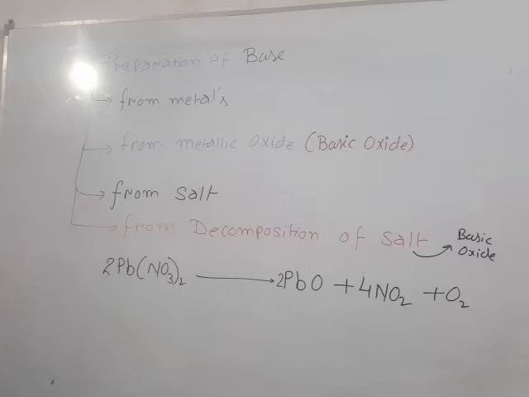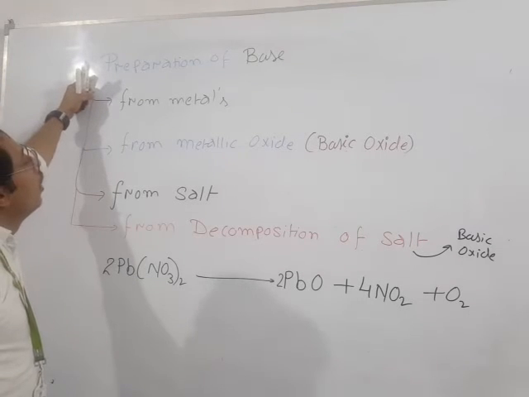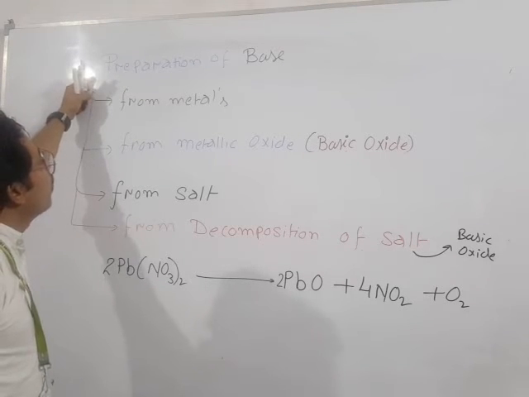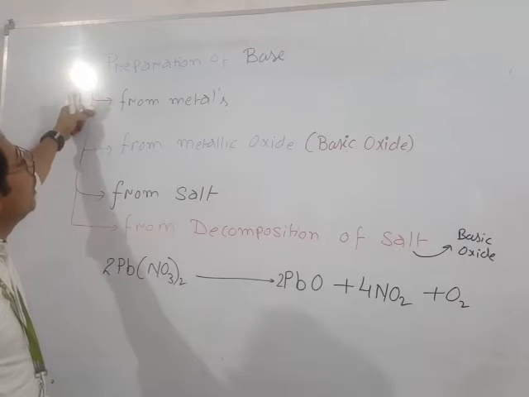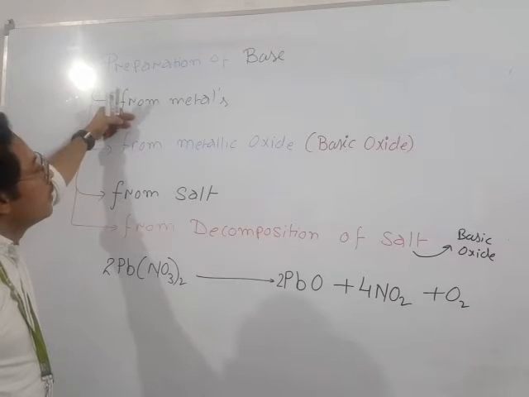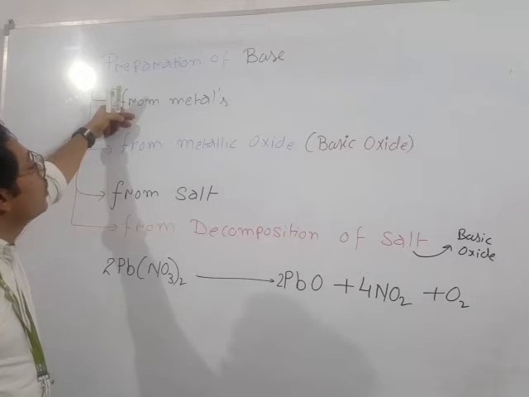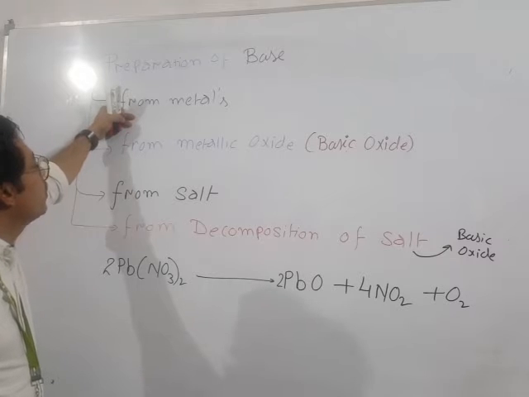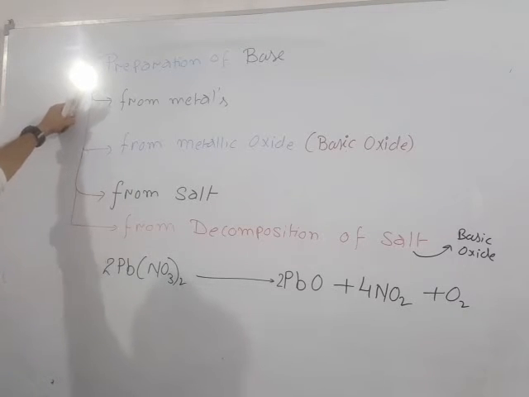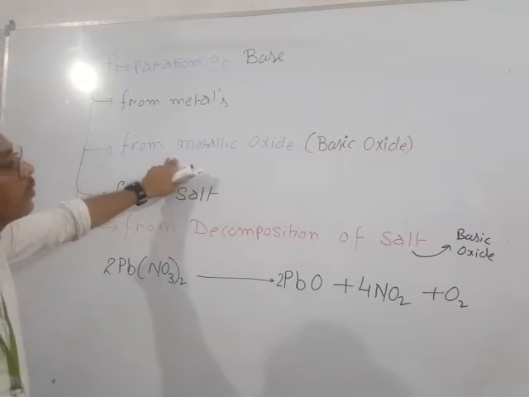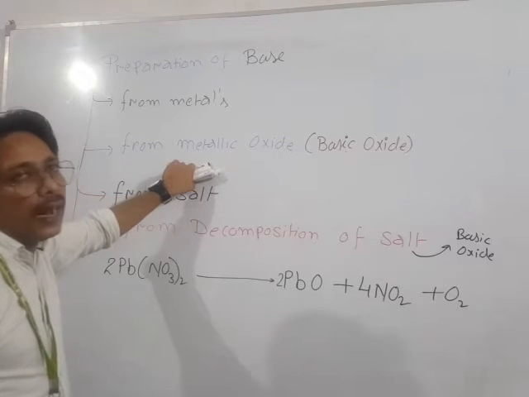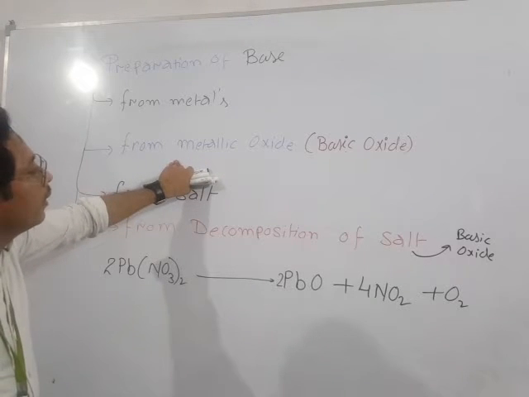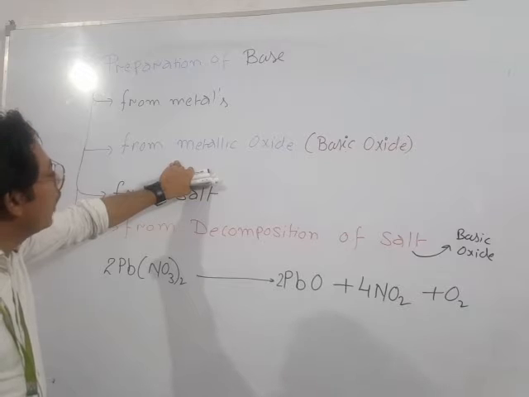Okay. So now a very easy concept about how we prepare bases. We can prepare the base from metal, such as sodium, directly heated in the presence of oxygen, and it changes into basic oxide like sodium oxide, potassium oxide. We can also prepare from basic oxide, which reacts with water molecules and gives its hydroxide.